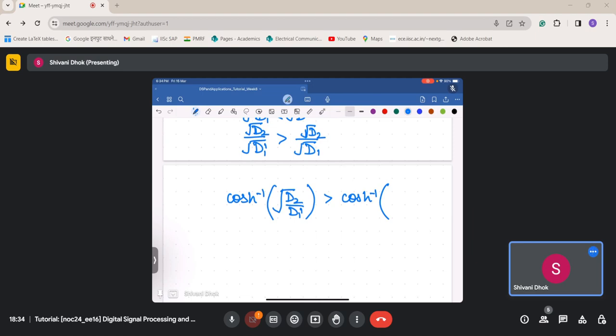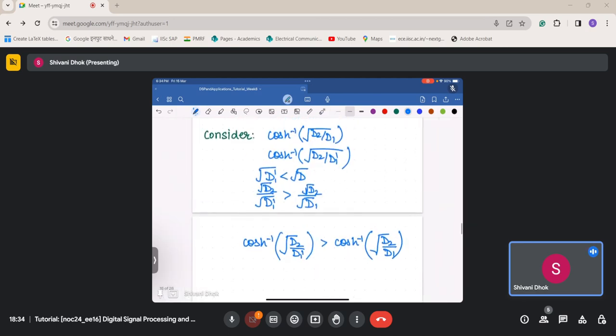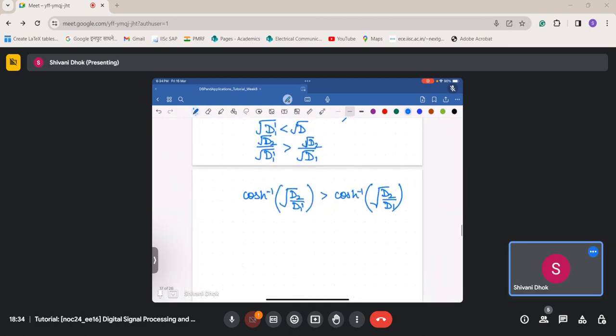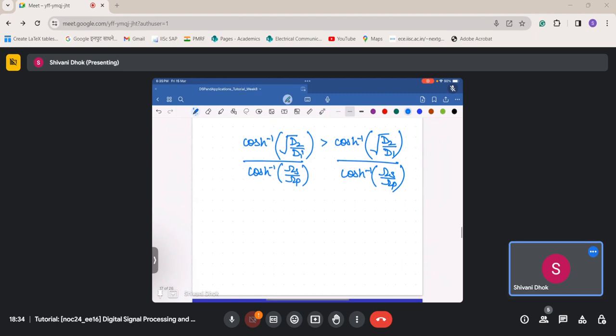So if I take cos h inverse on both the sides, this inequality shall remain the same. And now if I divide both the sides by a constant quantity like this, nothing should change. So if I have a ceiling here, then this thing should be n prime and this thing should be n.